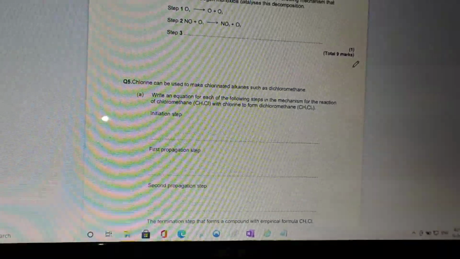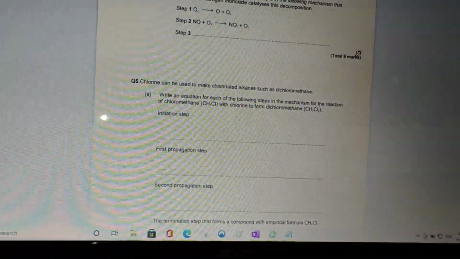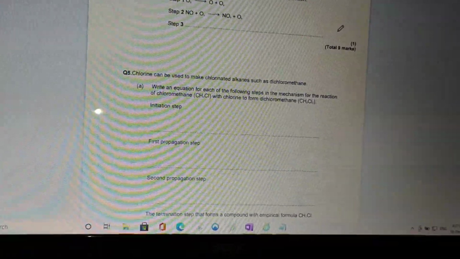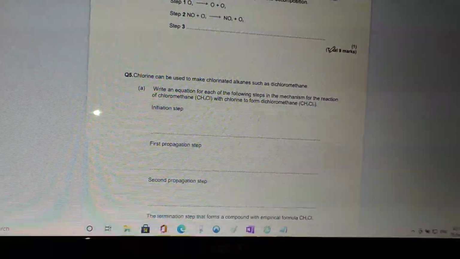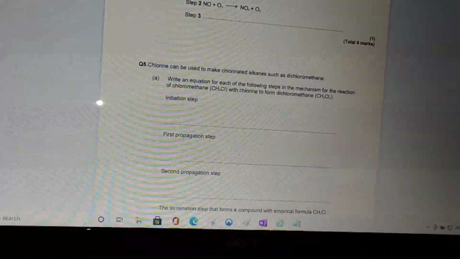Now, this is where it shows us the overall equation to reduce step 3 in the following mechanism that shows how nitrogen monoxide catalyzes the decomposition. This is where we have to use our overall equation, as it were.